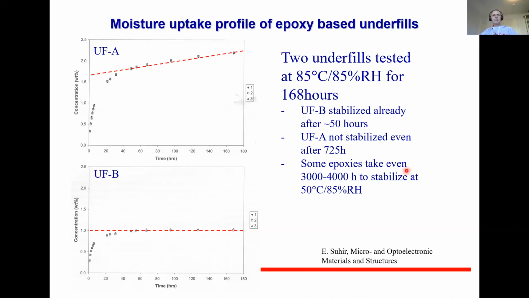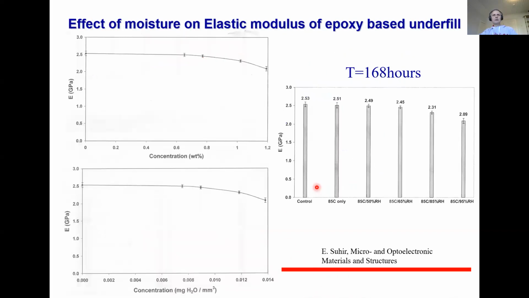Then another example here is how the moisture inside affects the mechanical properties of the polymer material itself. We need to always define how we define the amount of water.